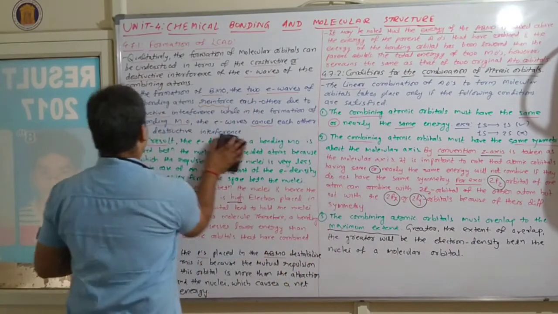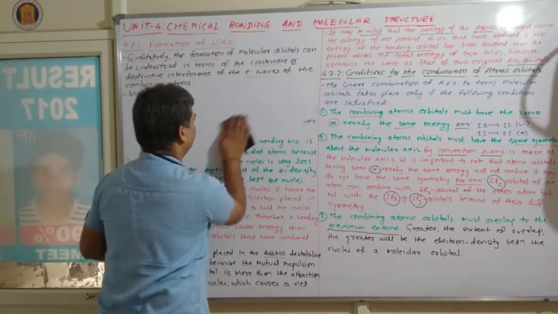तो ओवरलैपिंग का मैं कैसे बताऊं? See, for example, जैसे हाइड्रोजन है ना?